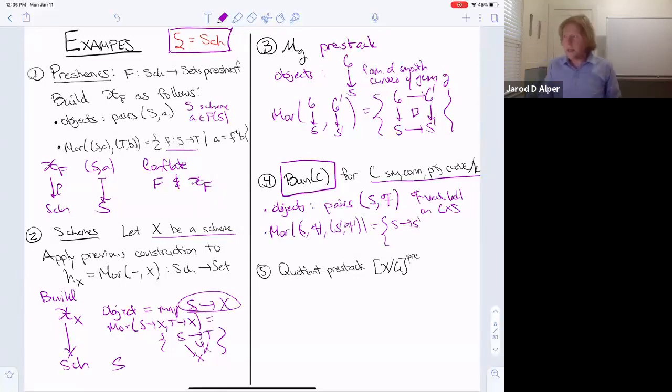And then you should also have an isomorphism between the pullback of F prime and F. So this is part of the data, an isomorphism.